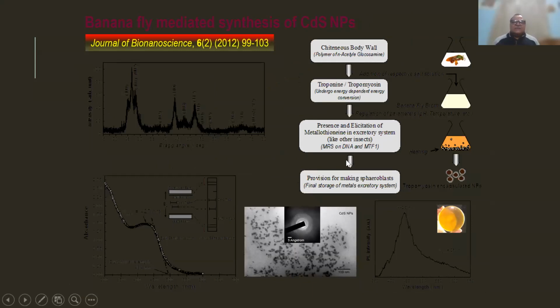Similar is the story. Metallothionein genes are triggered. Then we have acetyl glucosamine getting transformed all the time in response to the pH and temperature, and we are getting the desired result. Can you imagine getting quantum dots from dead banana fly? Only bio-nanotechnology can make it possible.